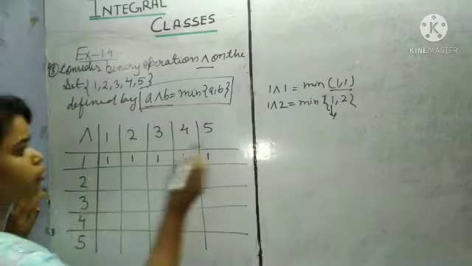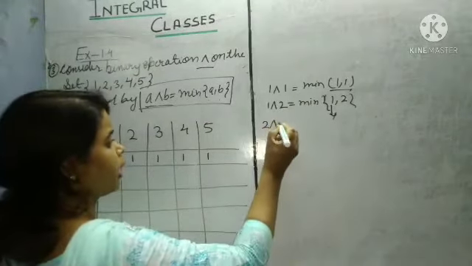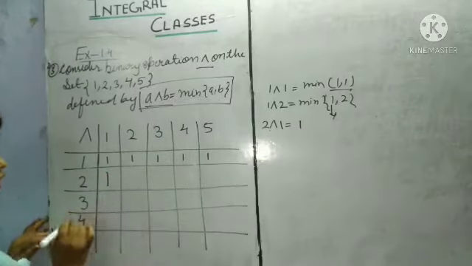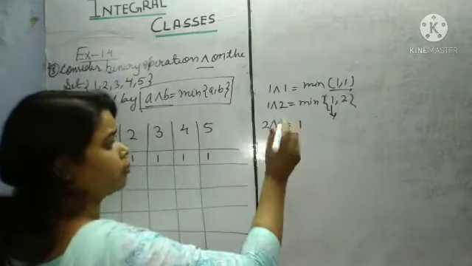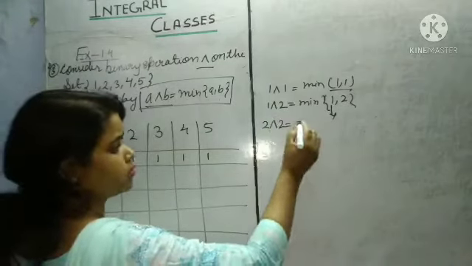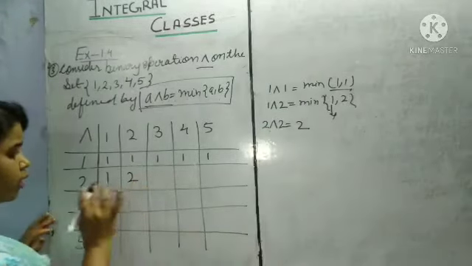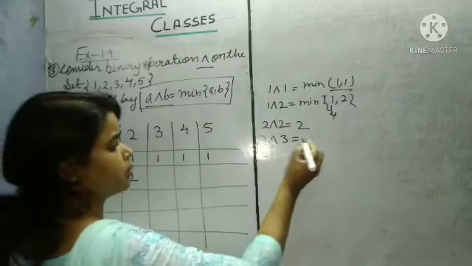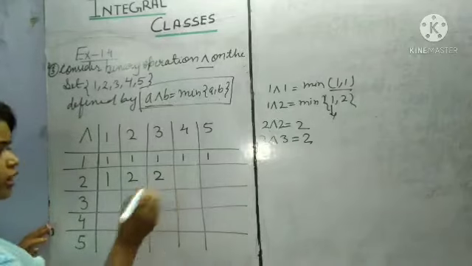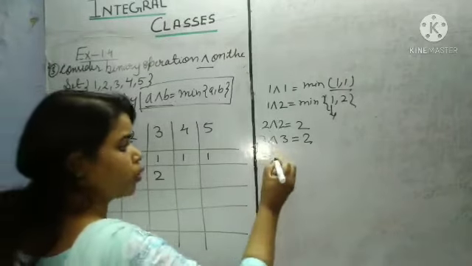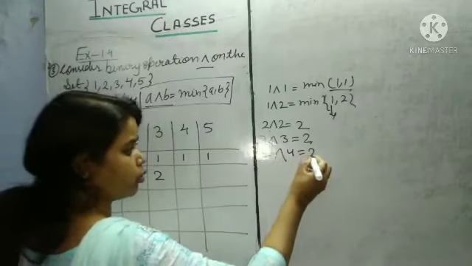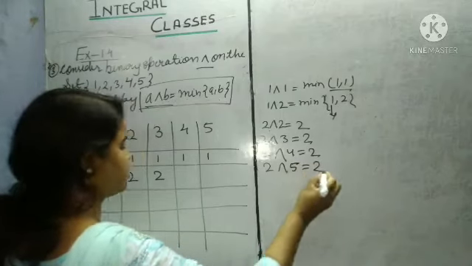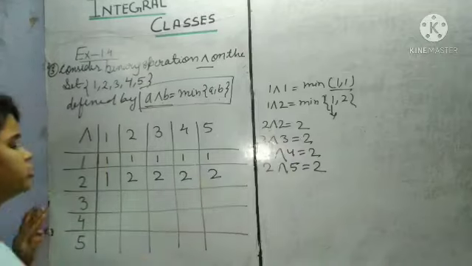Now second row: 2 cap 1, which is minimum here? Again 1. We should write 2 cap 2, which is minimum? 2. Again 2 cap 3, which is minimum? 2. Again we should write here 2. 2 cap 4, 2 is minimum. 2 cap 5, 2 is minimum. So here is 2.